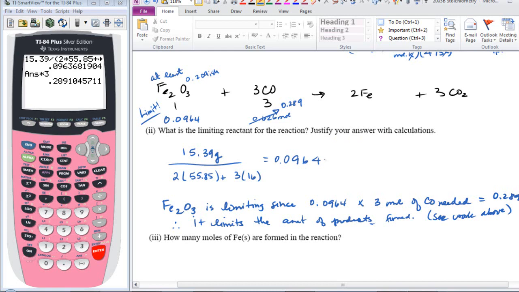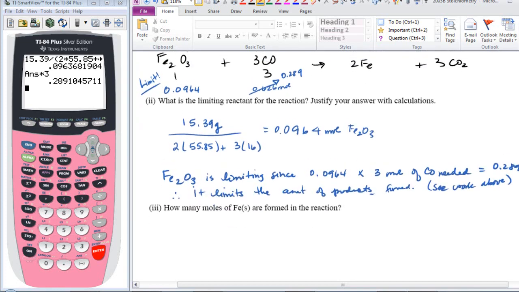We did this. That's moles. Probably should label it. Of our iron, Fe2O3, and this was our mole, clearly, of CO in the table. All right, so then, based on that, how many moles of iron then form in the reaction?